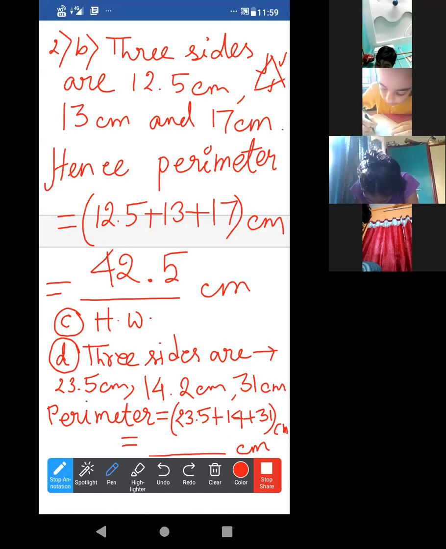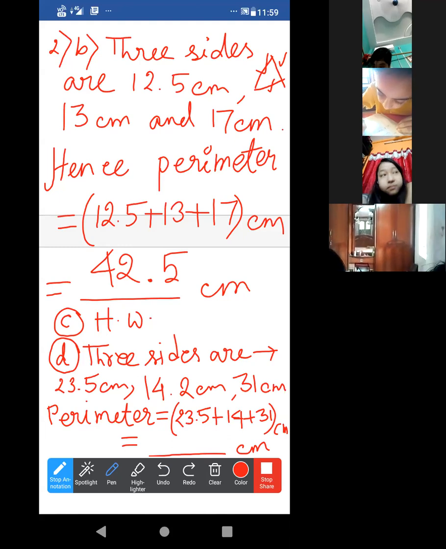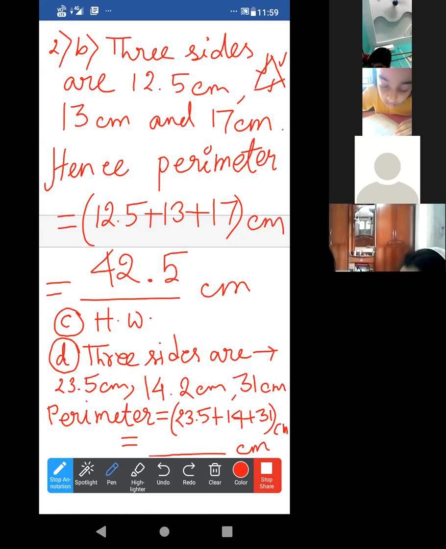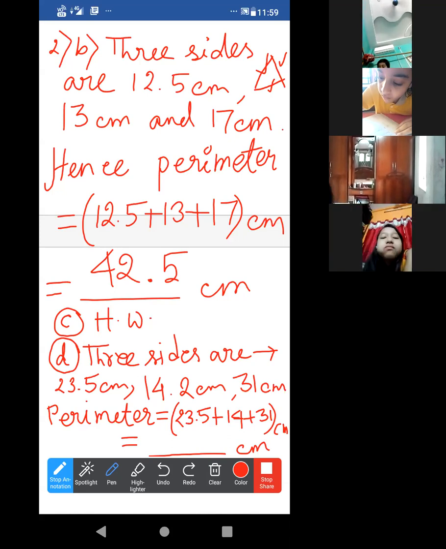Ishika, Pratibha, sit properly. Any drawing you can do, whatever drawing you like. Swarnakshi, you will say the answer. Addition. Say.